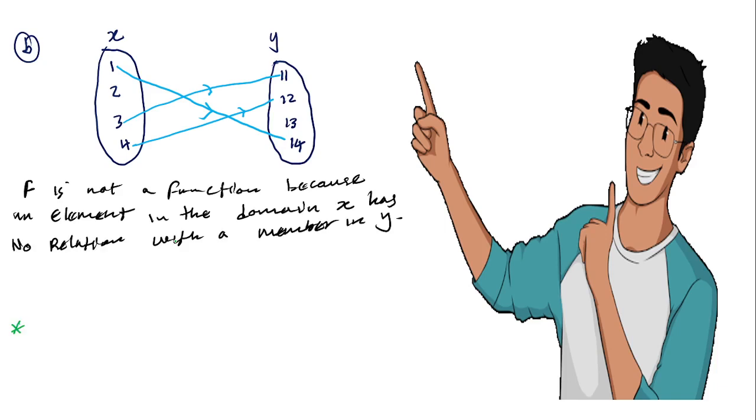The reason why I've said an element in the domain X has no relation with a member in Y is that the range depends on the domain. The range depends on the domain.